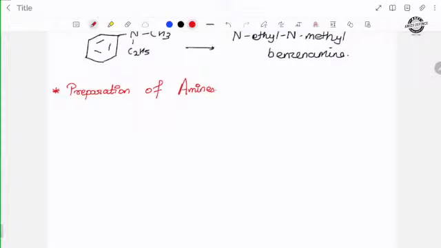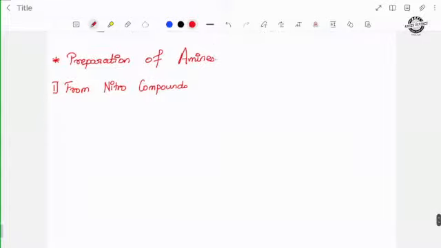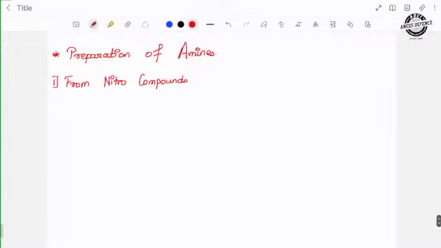The first preparation is by nitro compounds. Now we are going to prepare amines; we are not reacting amines with any stuff. Nitro compound means we are going to take a nitro group. We'll look into the reagent. If we are taking a nitro group, you have to do reduction.